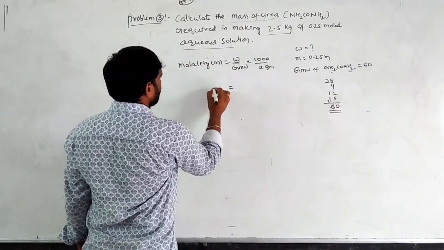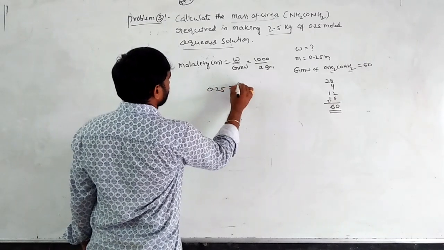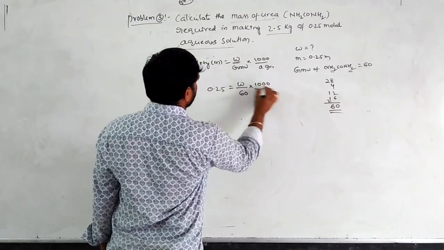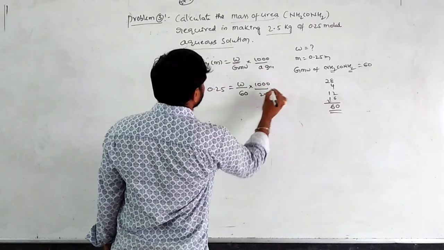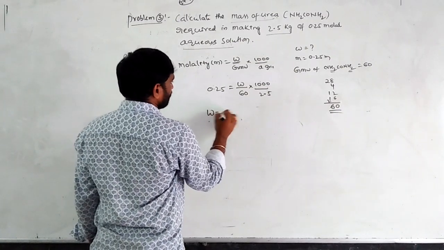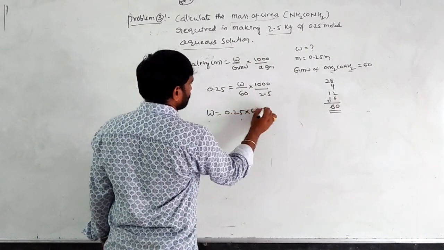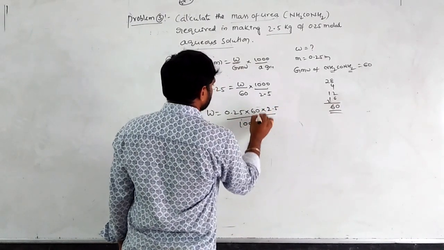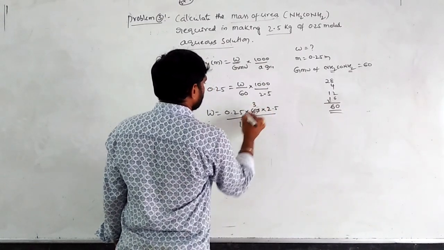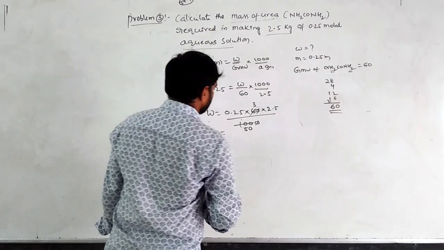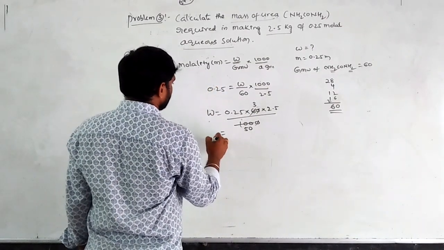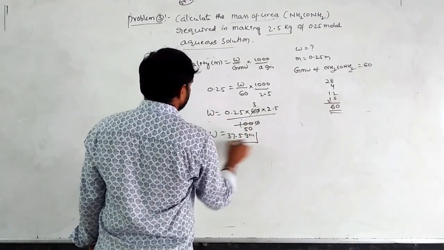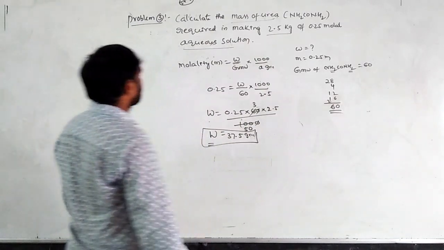Therefore, molality 0.25 equals weight by gram molecular weight of urea 60 into 1000 by A, 2.5 kilograms. Therefore, weight equals 0.25 into 60 into 2.5, which gives 37.5.